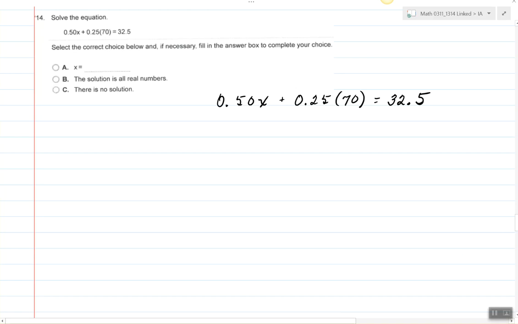The common denominator for all of those is 100, because remember, this was 50 over 100, this is 25 over 100, and this one was, I'm going to leave off the 32 part of it, but the fraction part is 5 over 10. 100 is the common denominator.